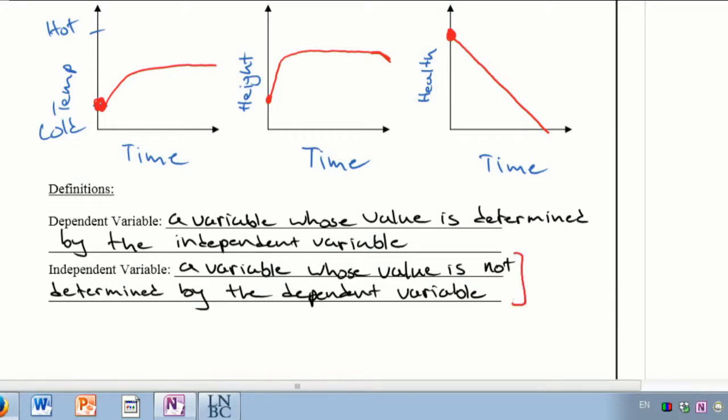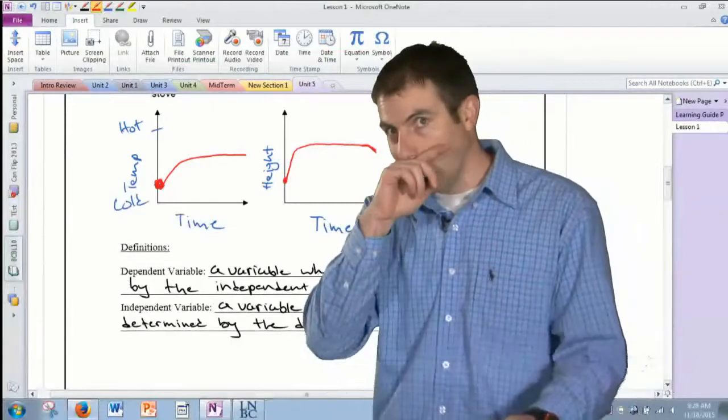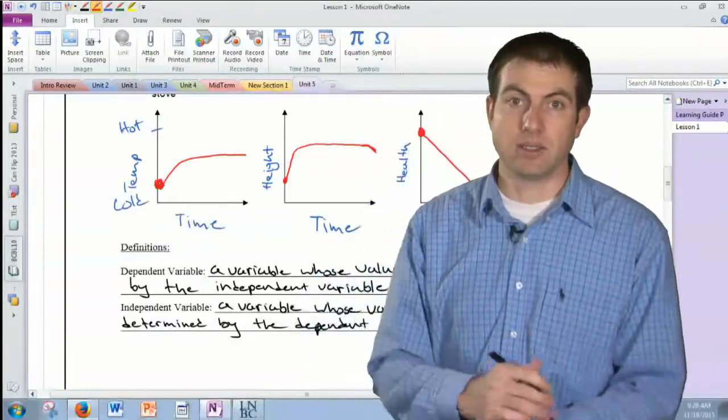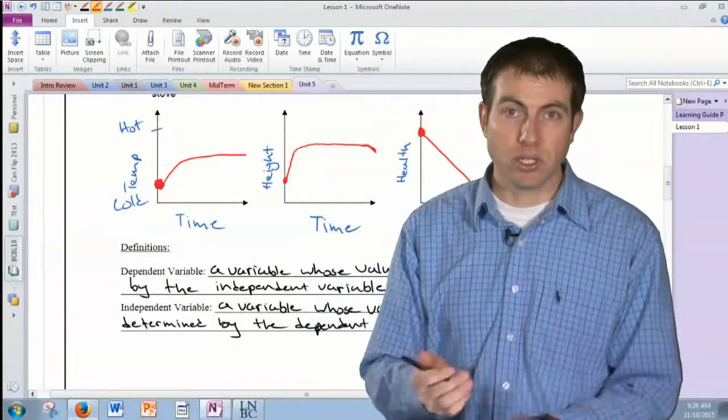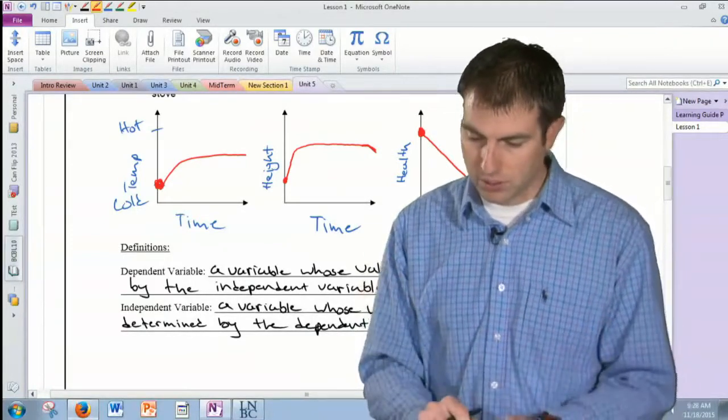Generally speaking, we have control over that. So if we were doing an experiment, we would control the independent variable. If you wanted to think of it as like temperature, something like that. We'll look at some more examples here.